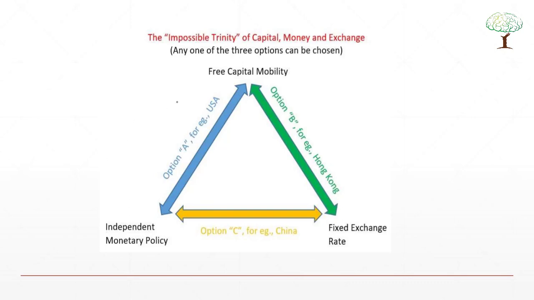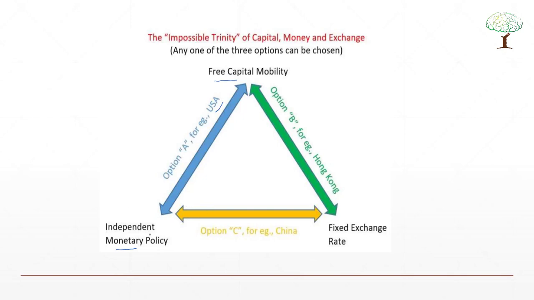So, for example, USA has free capital mobility and it has independent monetary policy, right? But it has a flexible exchange rate, the dollar. It has a reserve currency, so it need not worry about the exchange rate mechanism.